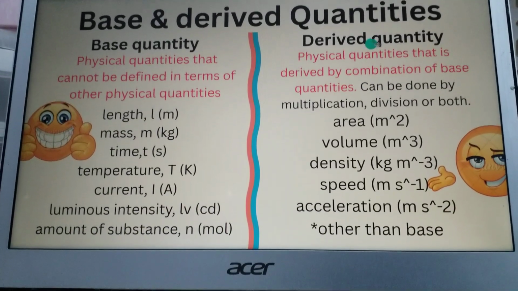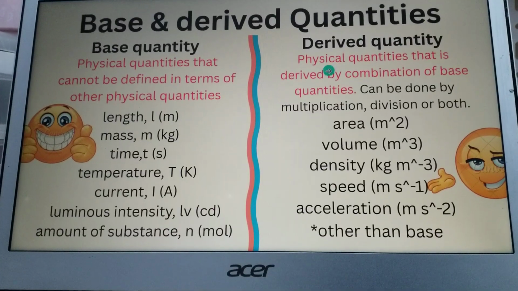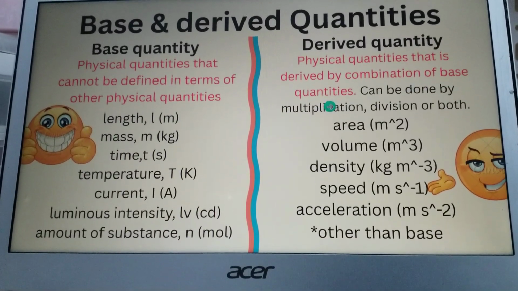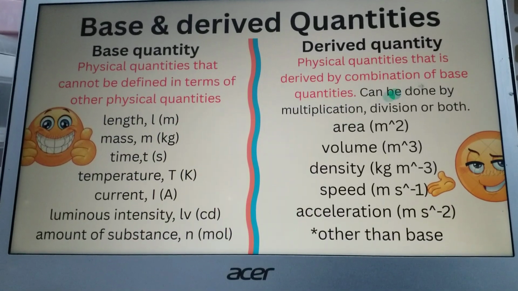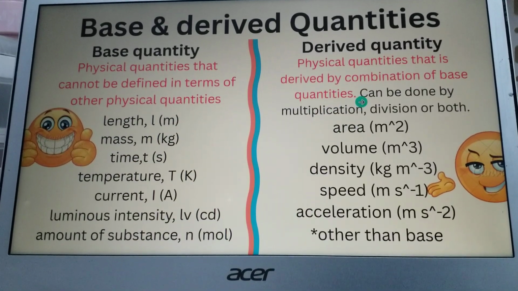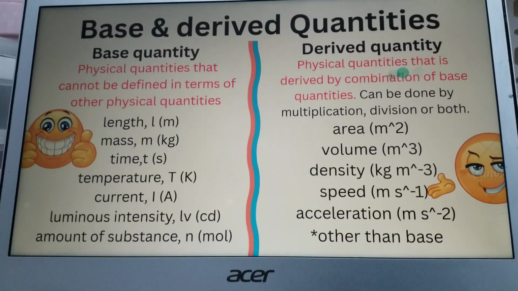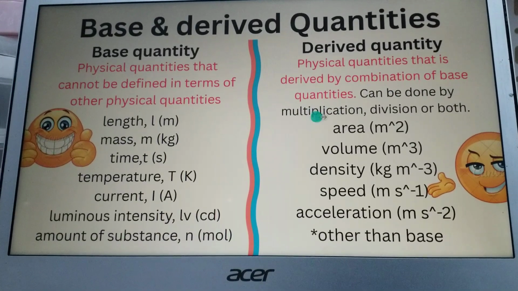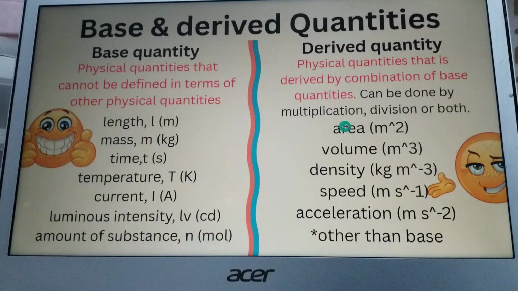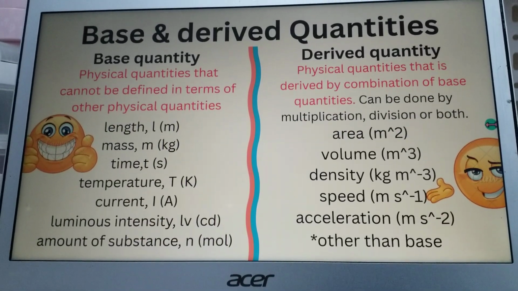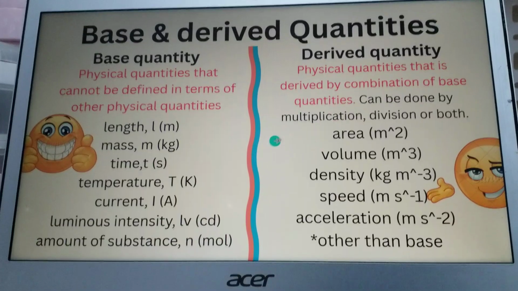Next, derived quantities. Derived quantities are physical quantities that are derived by combination of base quantities. We need to memorize this because this is the definition of derived quantities. Physical quantities that are derived by combination of base quantities, and it can be done by multiplication, division, or both. We can also put this in your definition just in case.